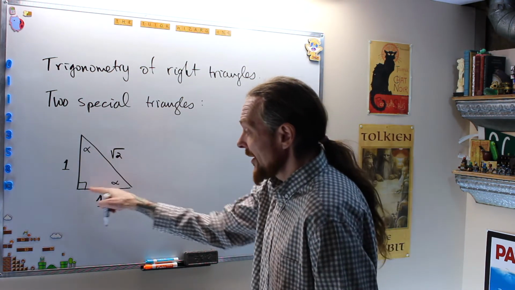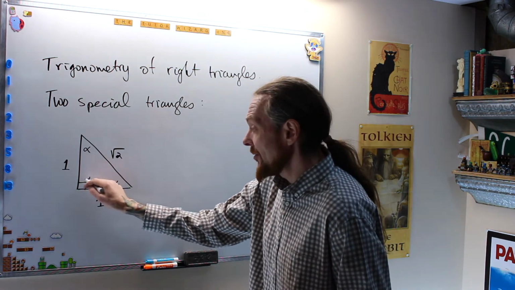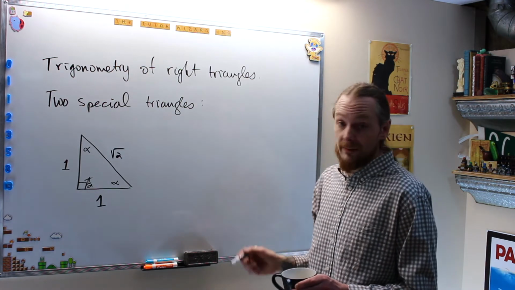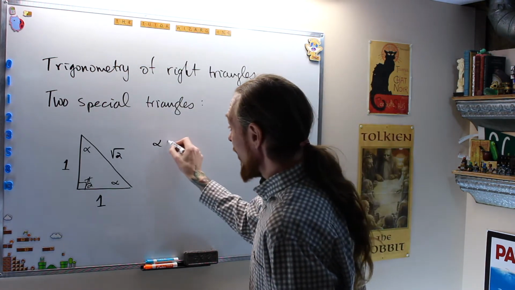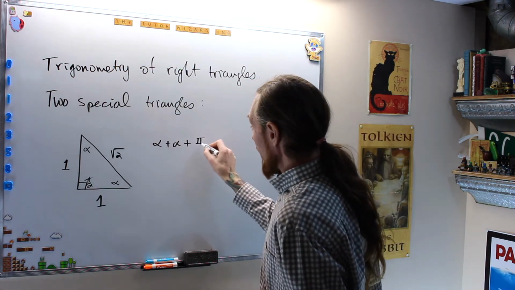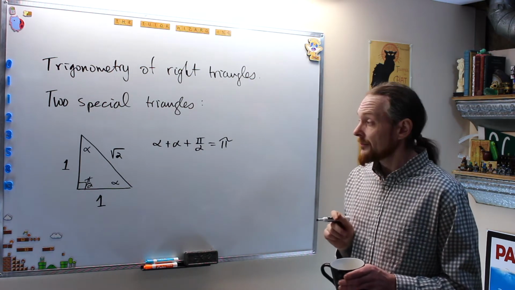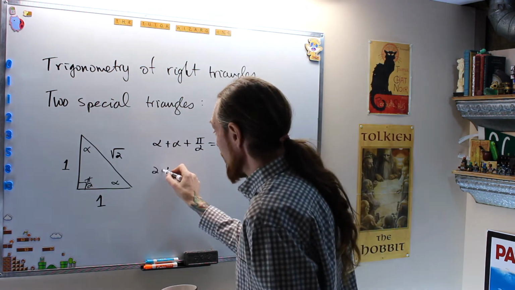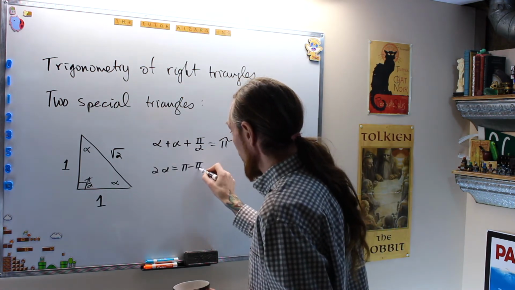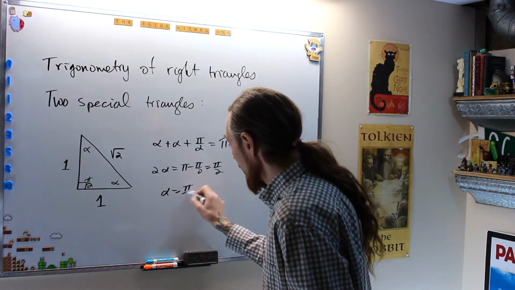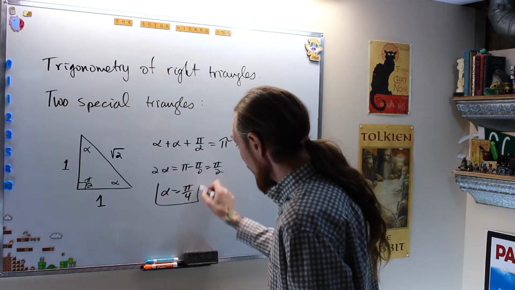So if this one is already pi over 2 radians, and the sum of all three of these angles has to be pi radians, we get that 2 alpha plus pi over 2 equals pi radians. So 2 alpha equals pi minus pi over 2, which is pi over 2 radians, or alpha is equal to pi over 4 radians.